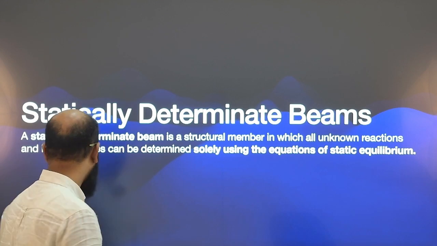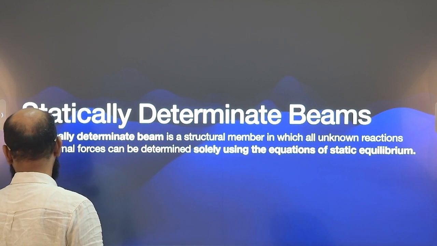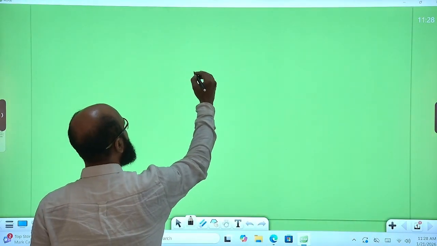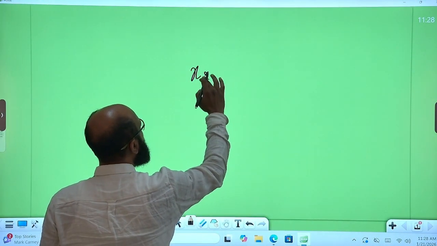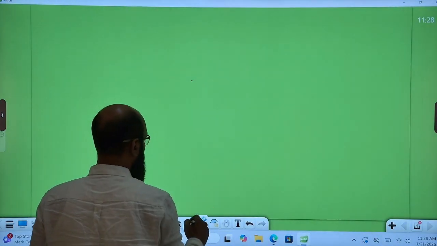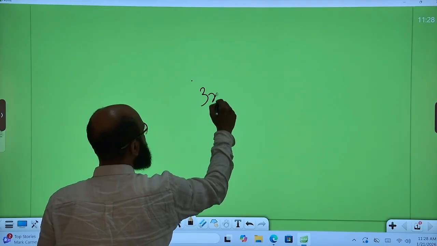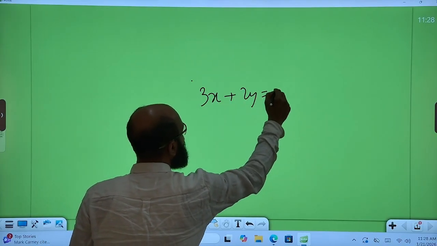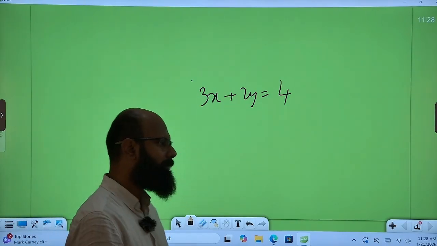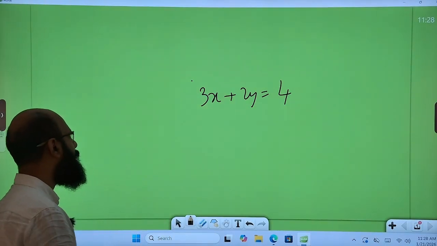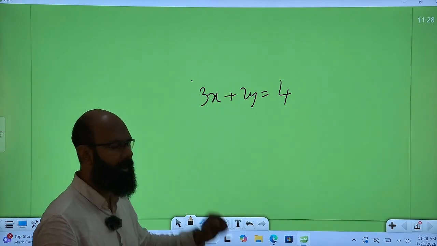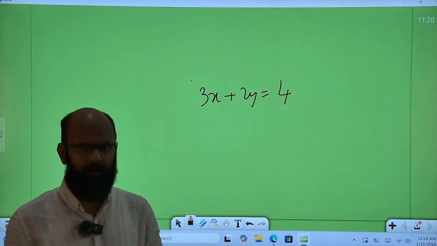Suppose I can show you here an equation: 3x plus 2y is equal to 4. You have two variables, but you have only one equation. Could you solve this?